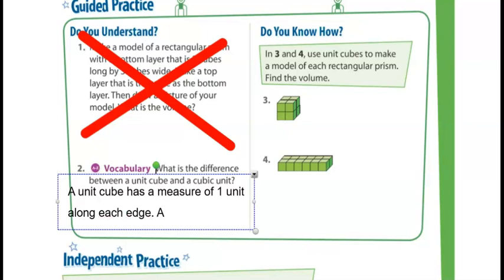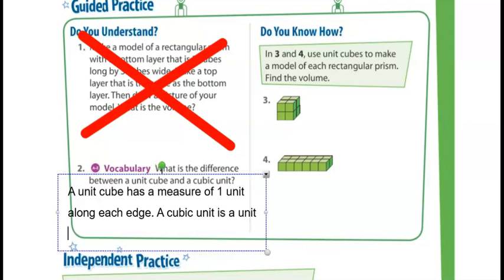And then a cubic unit is a unit of measure. So basically a cubic unit, like I said, is like saying you have 6 trucks or 6 apples. It'd be 6 cubic units. So that is our actual unit. That is what we're measuring as.